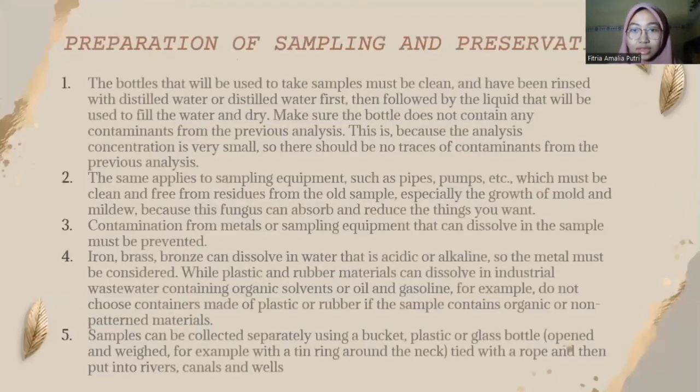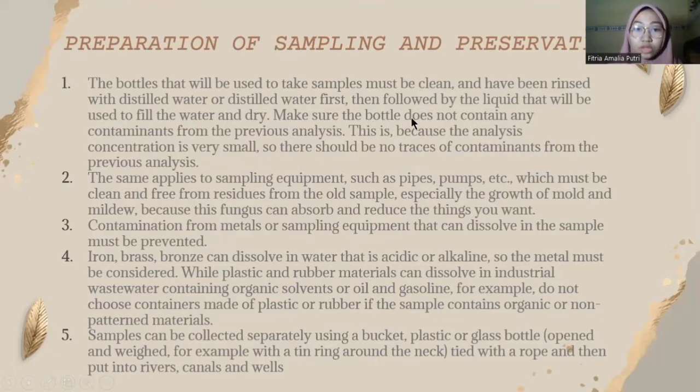And the next is preparation of sampling and preservation. One, the bottles that will be used to take samples must be clean and have been rinsed with distilled water first, followed by the liquid that will be used to fill the bottle, and dry.